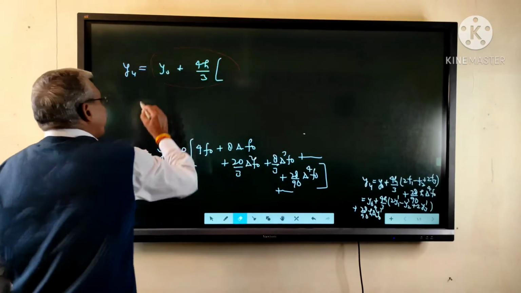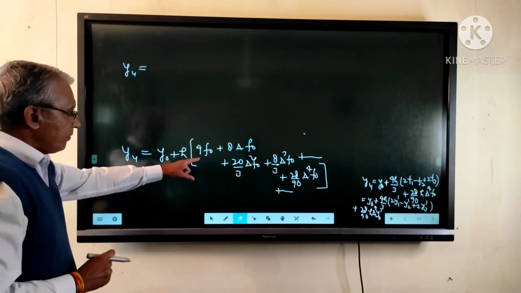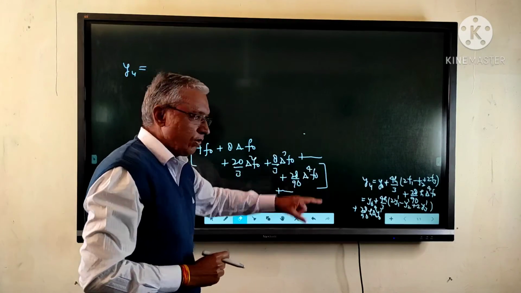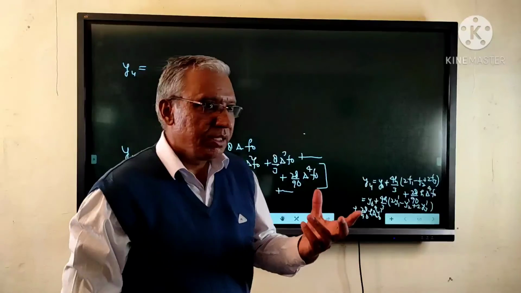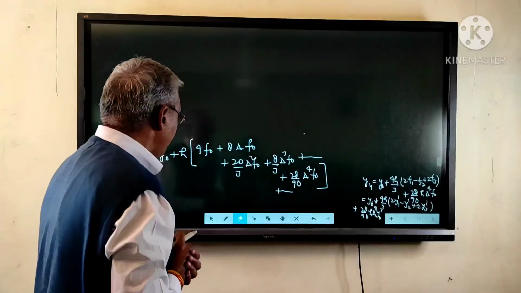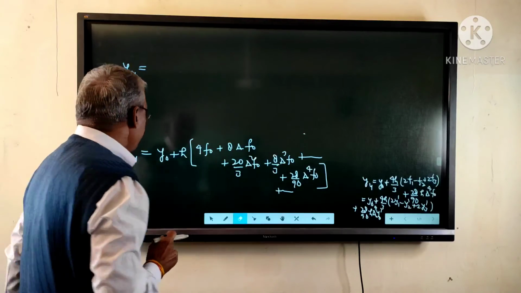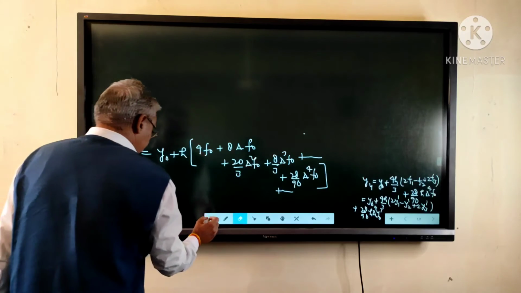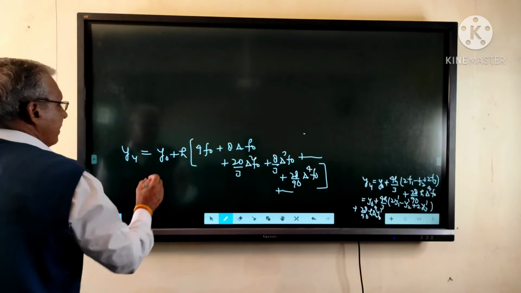Now here f of 0, del of f of 0, del 2 f of 0, del 3 f of 0 and del 4 f of 0 are the forward differences. So we substitute the values of these forward differences.